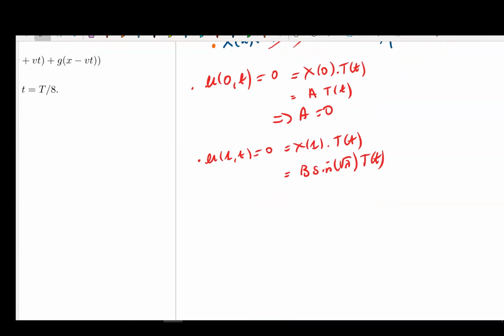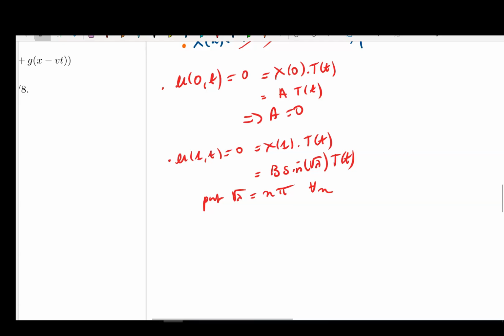Here, if I put b equal to 0, I would again have a function constantly equal to 0, which would never fit any non-zero initial conditions. So that's not going to be a correct choice. We should put sine of square root of lambda equal to 0, so put square root of lambda equal to n pi, and that works for all values of n.